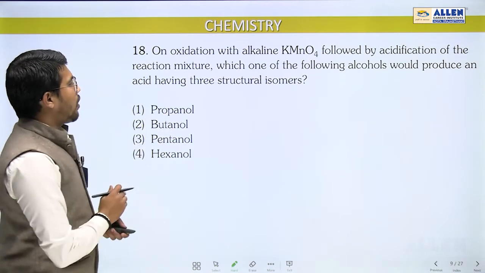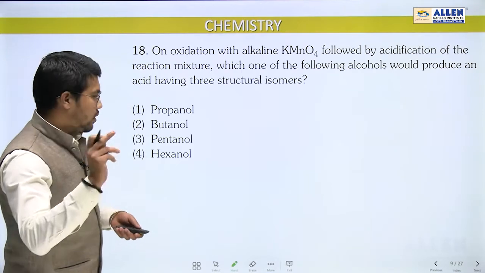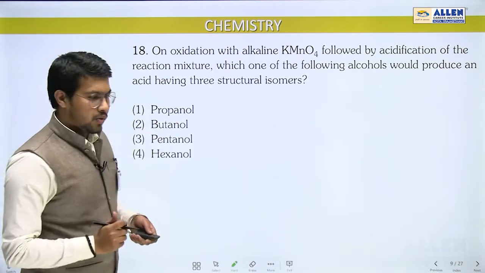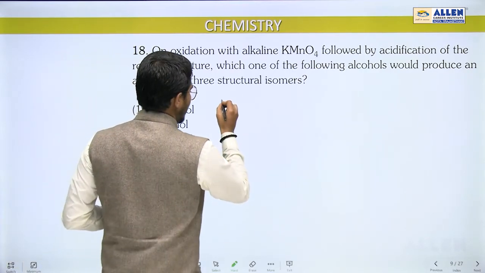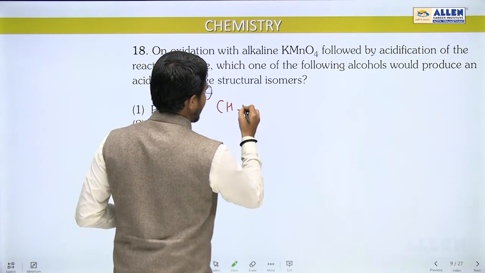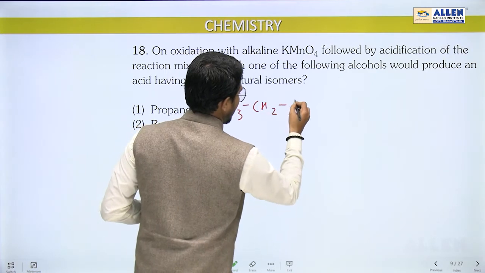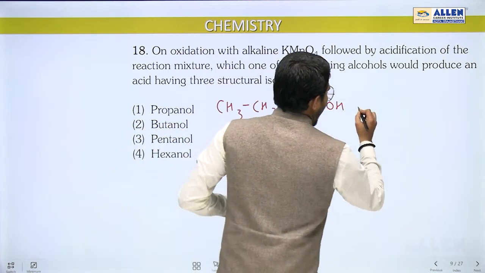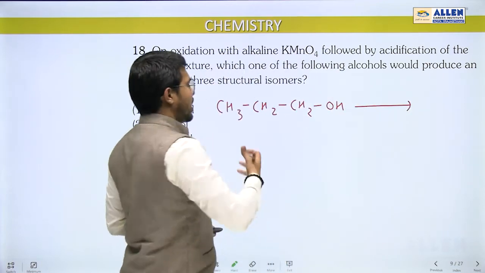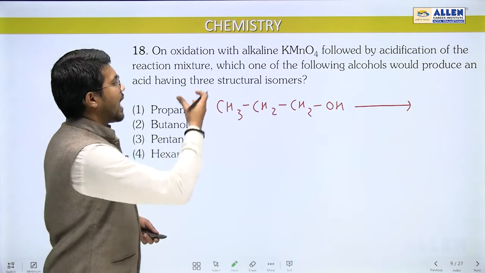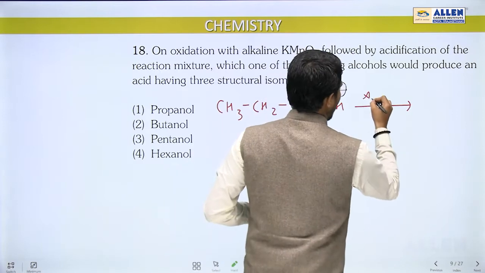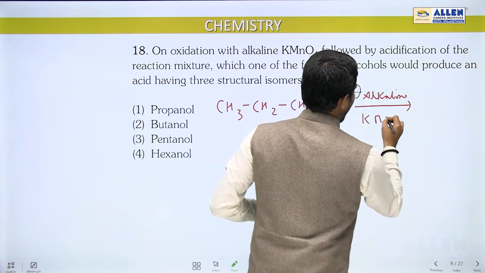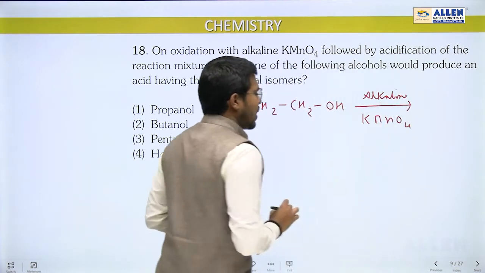KMnO4 is a strong oxidizing agent. Okay, if I use propanol, what is the formula for propanol? This is CH3CH2CH2OH. Now if we react this propanol with alkaline KMnO4, what will we get?